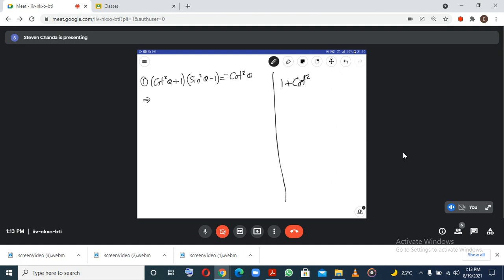I'm writing it on my far right so that people can understand where these things are coming from. Okay, so that's the identity there. You see that identity there is matching. If you don't know that identity, then there's nothing much you can do.